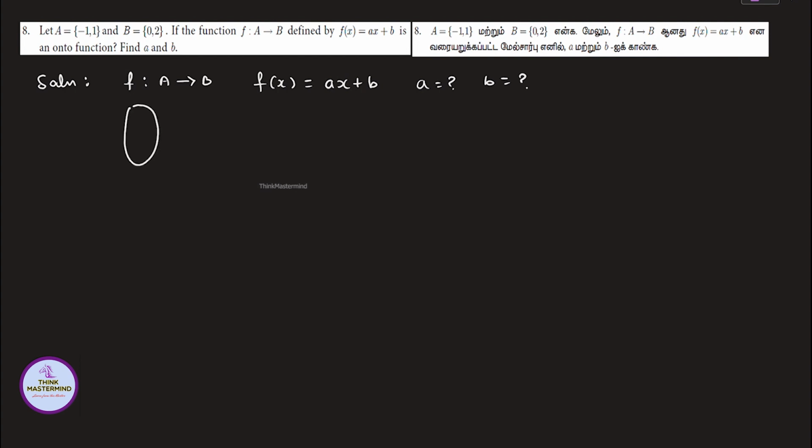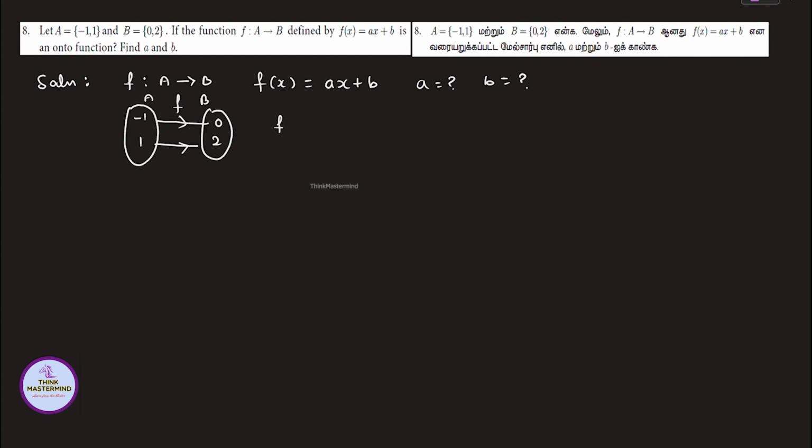A is given as minus 1, plus 1 and B is given as 0, 2. So f is defined from A to B, it is onto. There are two possibilities. Minus 1 is mapped with 0 and 1 is mapped with 2.